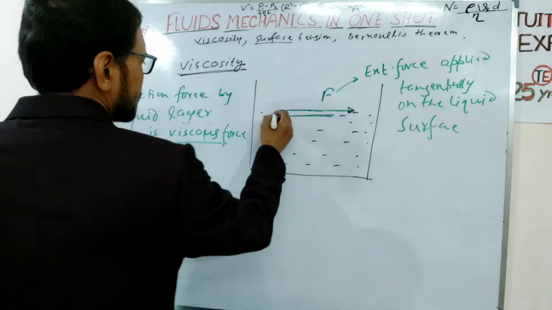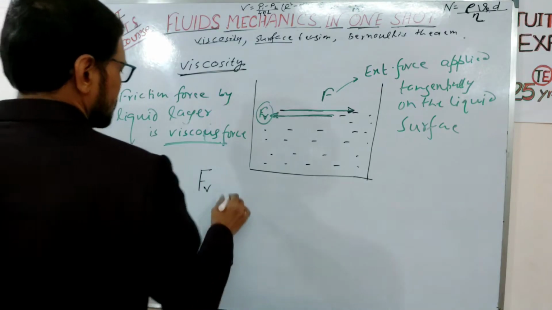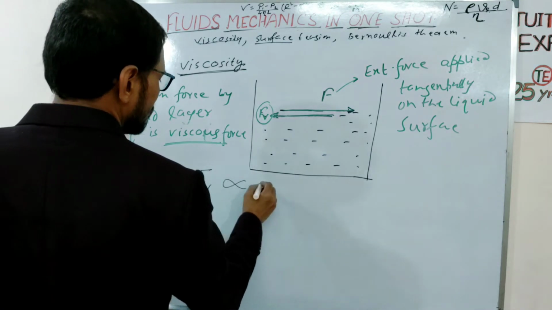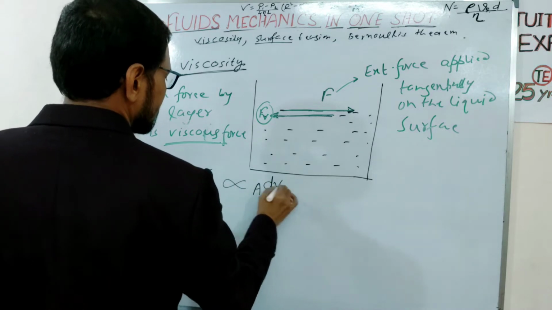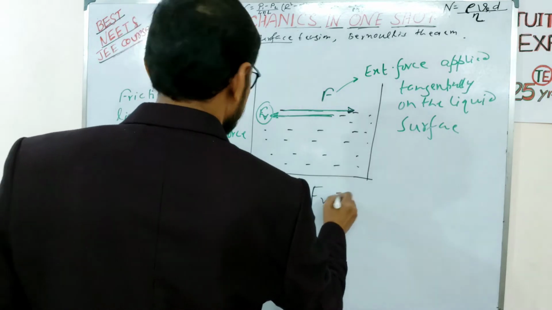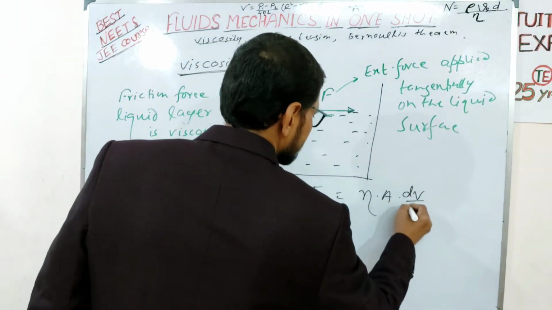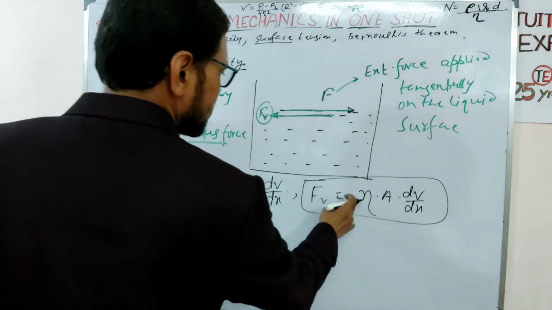That is called viscous force. Viscous force is proportional to dV by dx into area. So Fv is equal to eta A dV by dx. This is the formula.